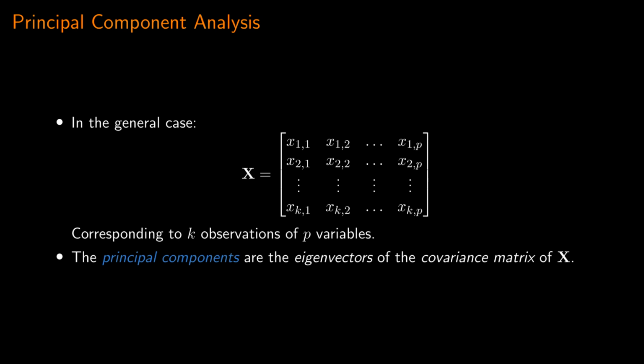So X will be a matrix with k rows and p columns, where k is the number of observations and p is the number of variables. So we have k observations of p variables. The principal components of this data are actually just the eigenvectors of the covariance matrix of X. Let's take a look at what that means.